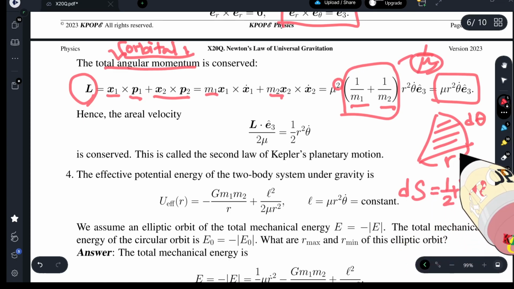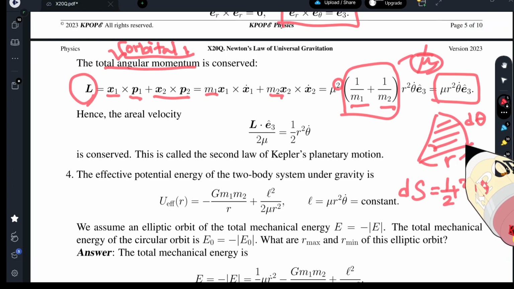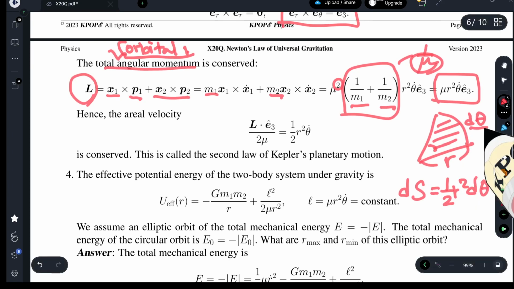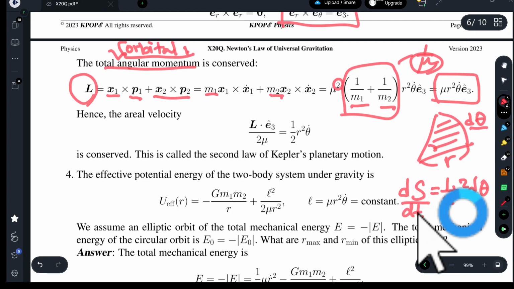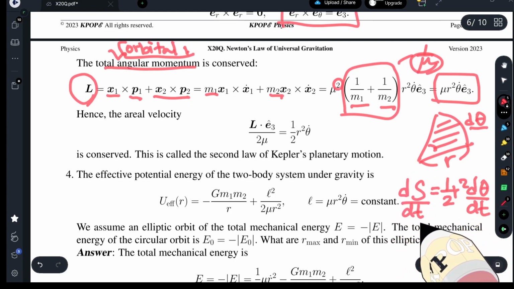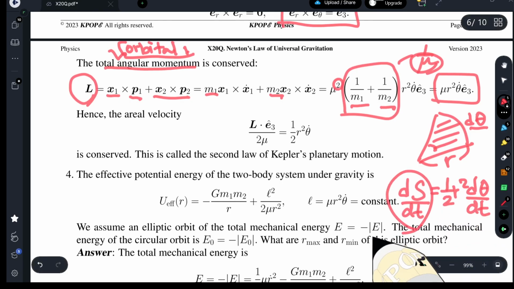This is the differential area element of a sector of a circle of radius r with angle d theta. Or why don't we take the time derivative of this area? This is 1/2 r squared theta dot.